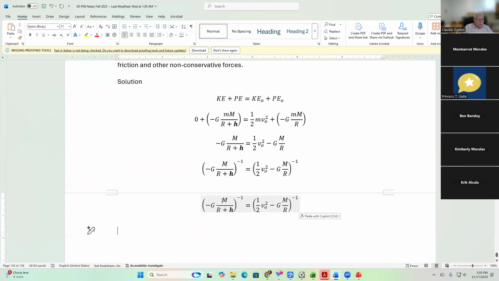When we take the inverse, M goes downstairs. G goes downstairs.